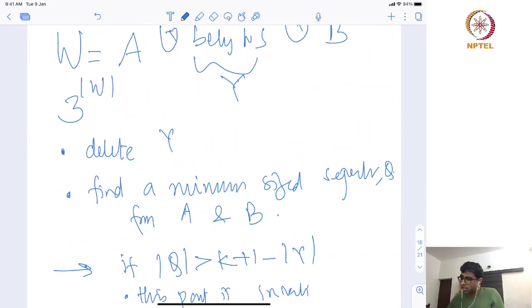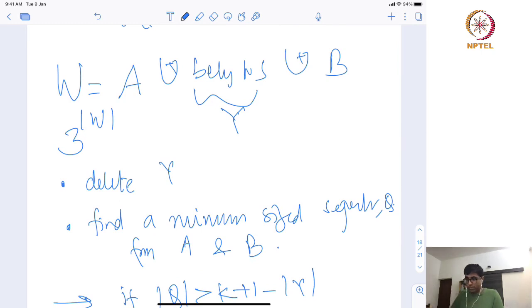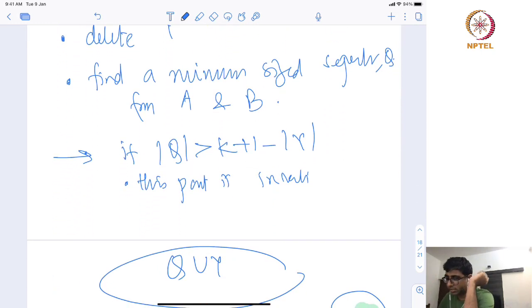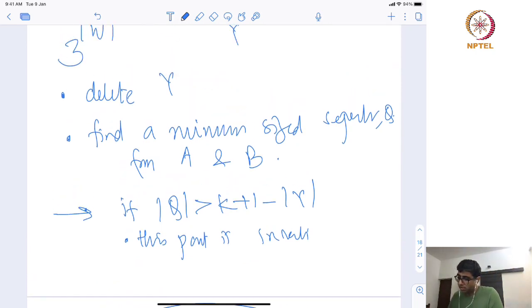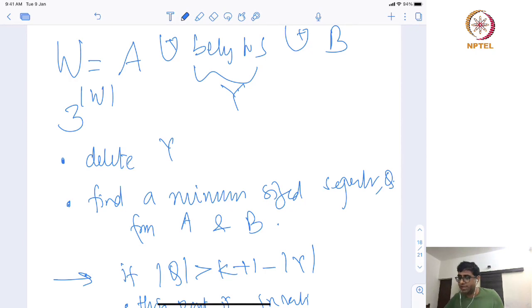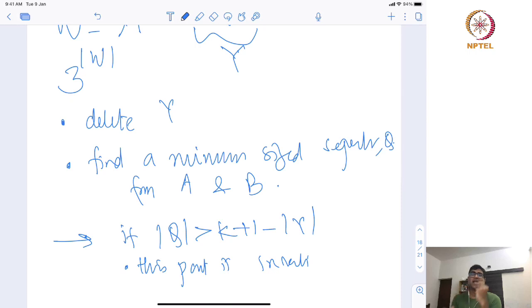But what happens if for every partition of W into A, Y, B you fail this? It just means that the graph G does not have the desired S, and then you say the tree width of G is definitely larger than this.